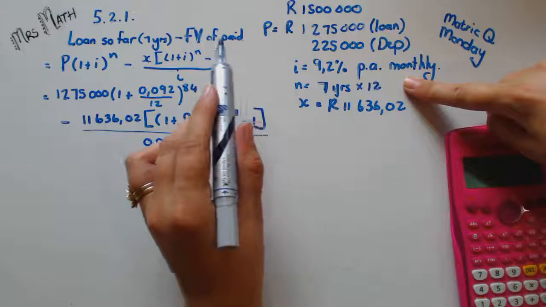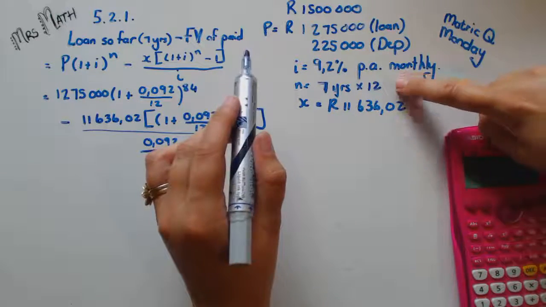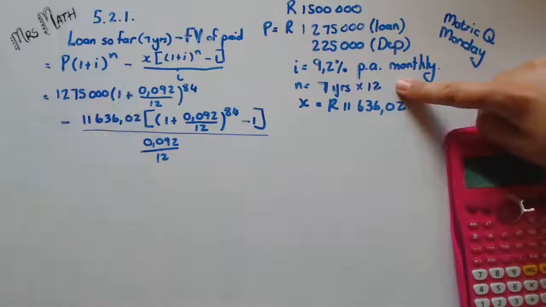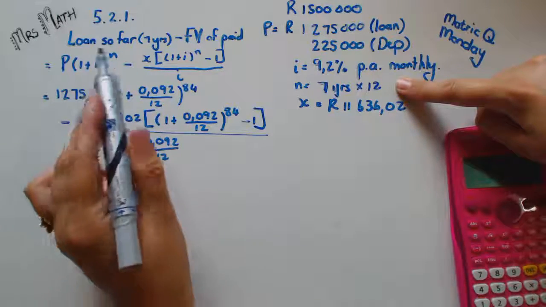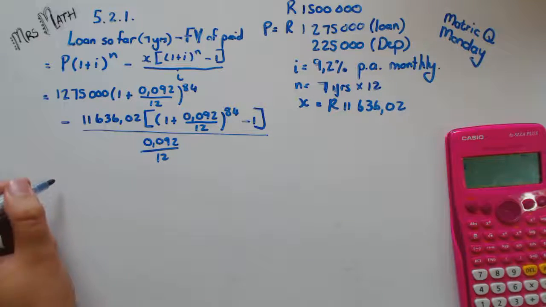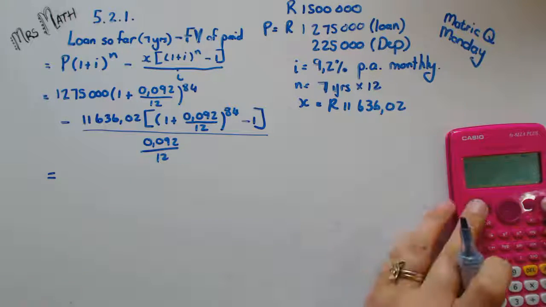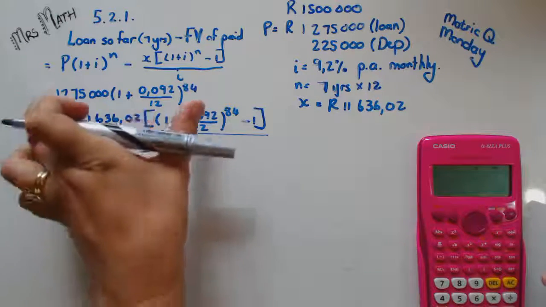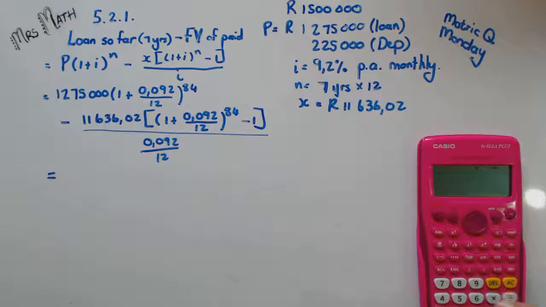I'm working with the amounts paid after 7 years, and the amount of the loan so far, so the interest that it has accumulated over 7 years. And then I just substitute all of that. I'm now going to feed this into my calculator. I'm going to feed this and this separately, just not to overwhelm my calculator completely.